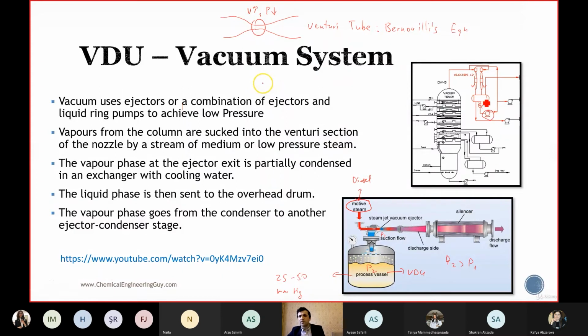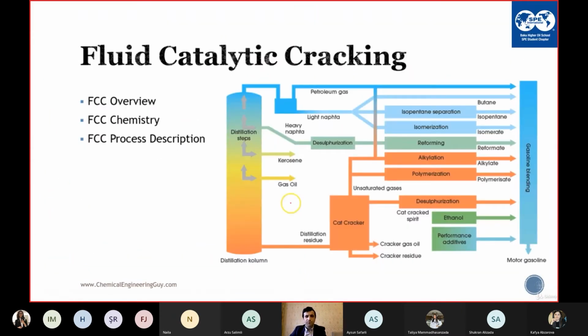And then we send it to the separator. This is the separator to separate the air and liquid, gas and liquid. I will send the slides to you. You can click this video and learn the ejector working principle more. So that's about the VDU.